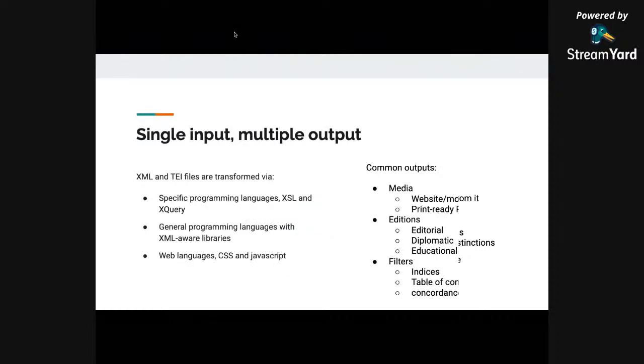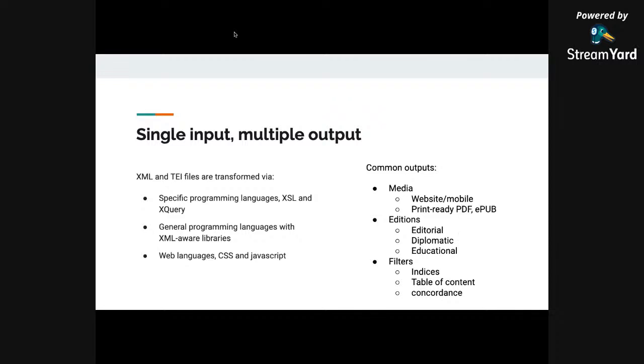So one of the major benefits of the use of XML is the fact that from a single file, we can produce multiple different visualizations of our material depending on what we need and what we're aiming to do. And that can be achieved several different ways.